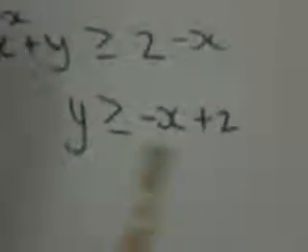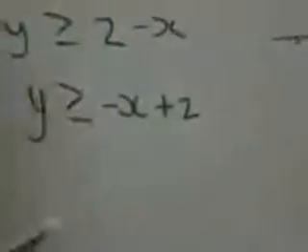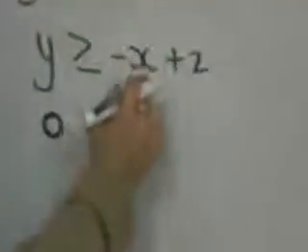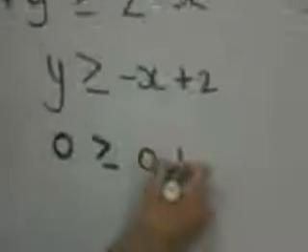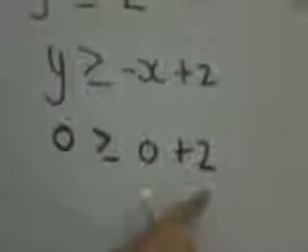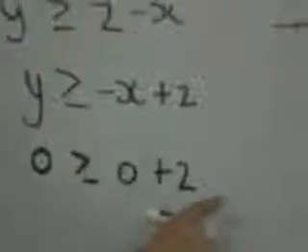So 0 greater than or equal to, instead of x, it's also 0, plus 2. Now, is 0 greater than or equal to 2? No, it's not. So I can't possibly have to shade this side.